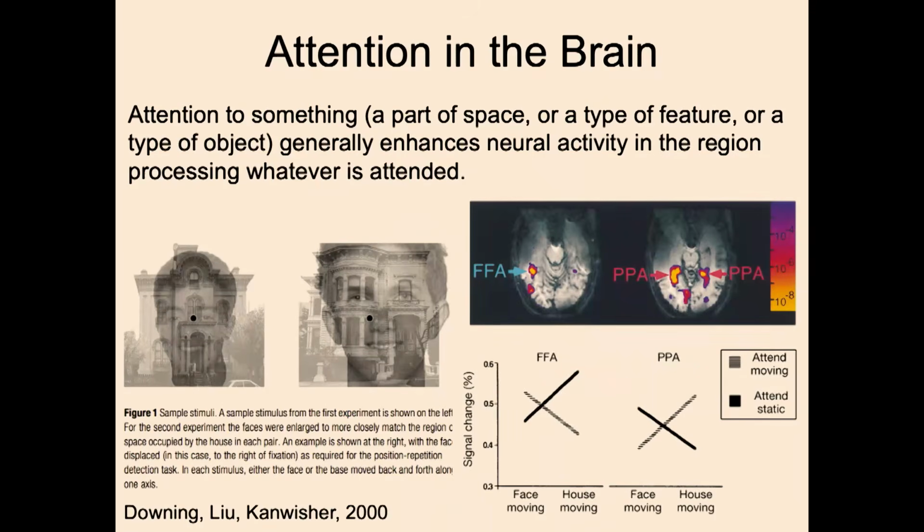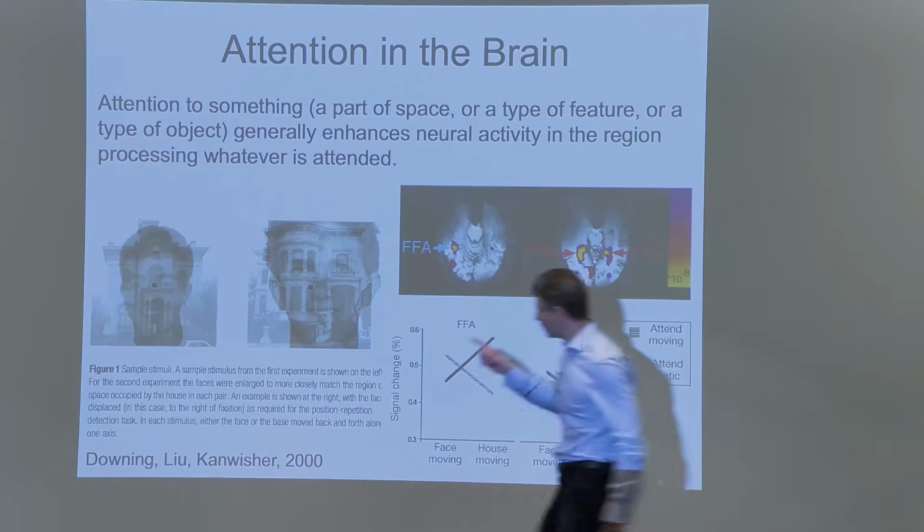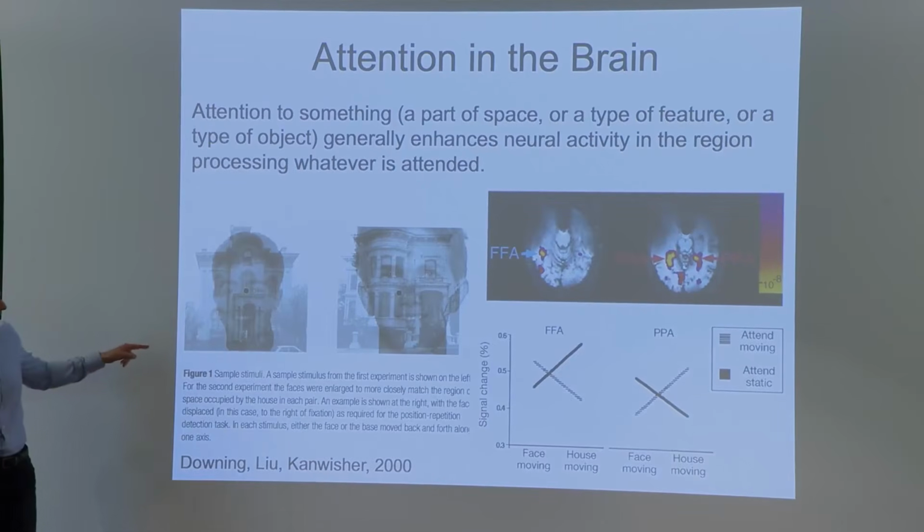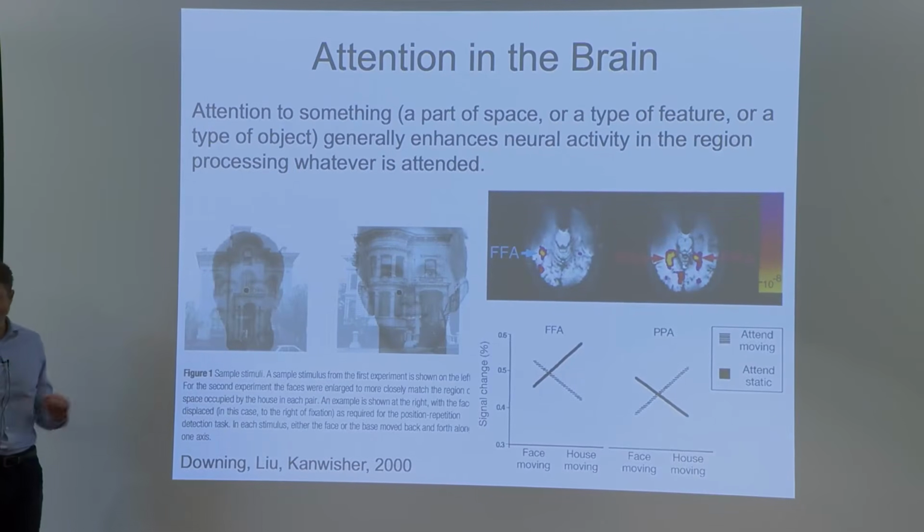This is another pretty cool example from our own Nancy Kanwisher a long time ago at this point. In this experiment, people were shown these stimuli here, right? These are superpositions of images of faces and images of houses.